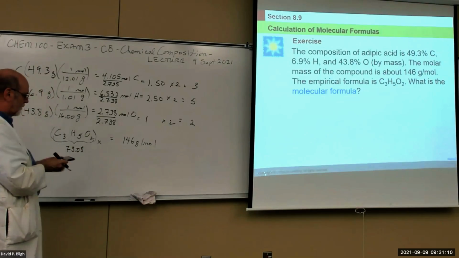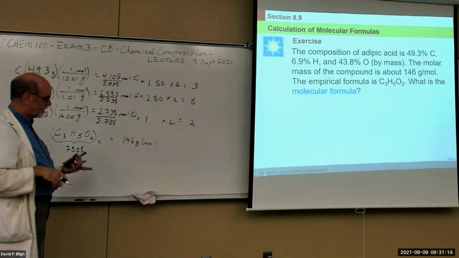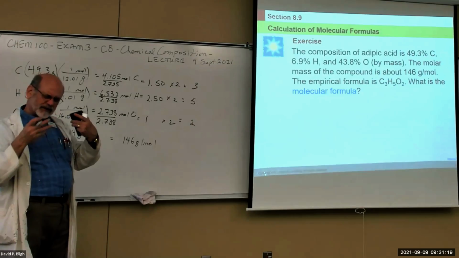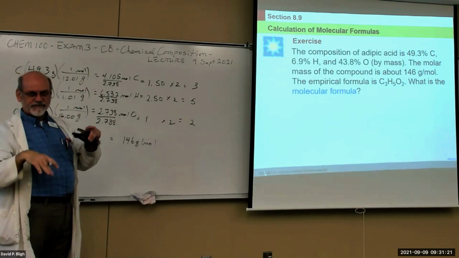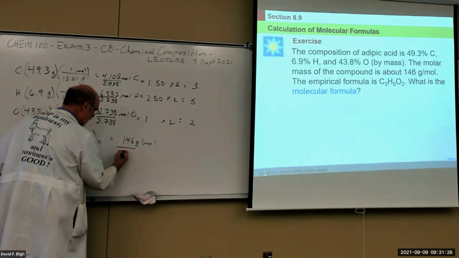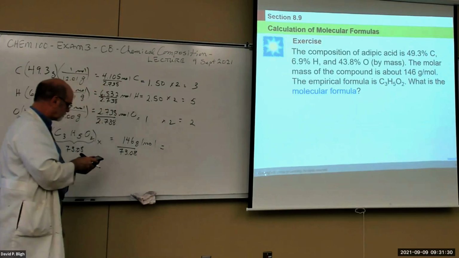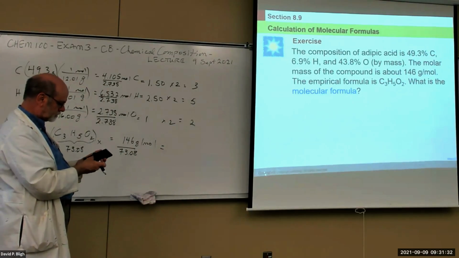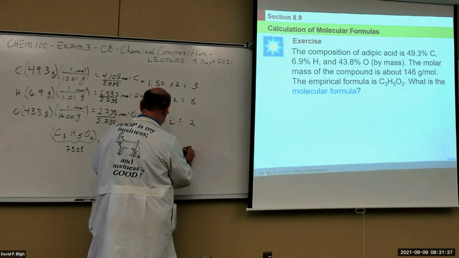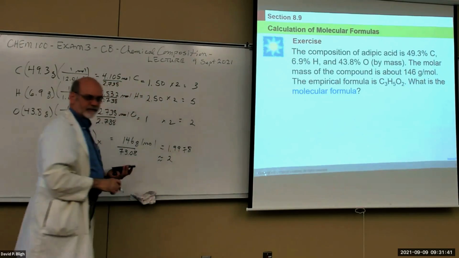73.08. Right. So you can probably inspect those and see that the multiplier should be 2. But if you have numbers that are a little more difficult to fathom in your head, just take this value, divide it by this value, and you get 1.9978, which is approximately 2.